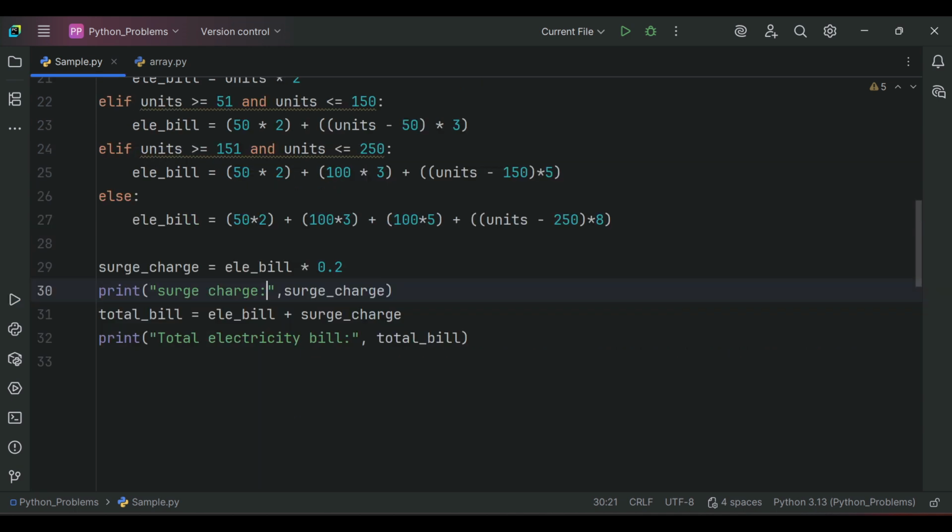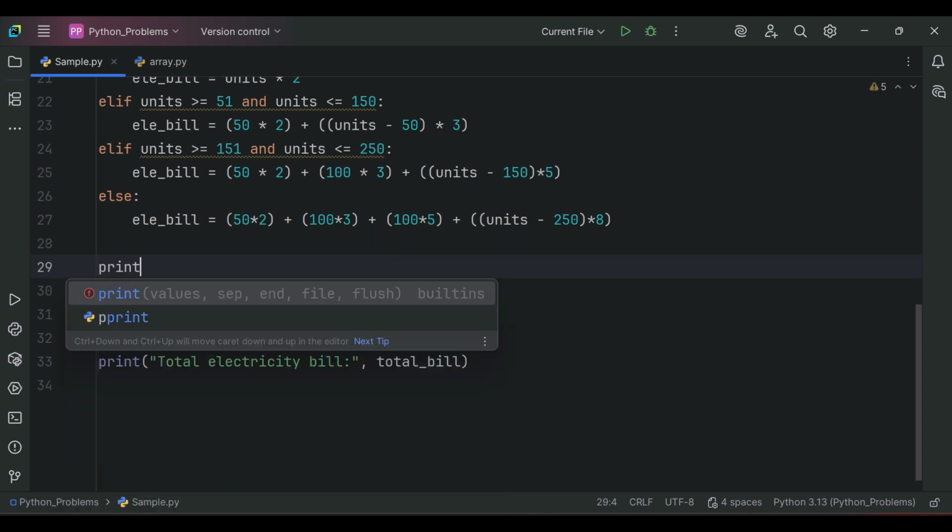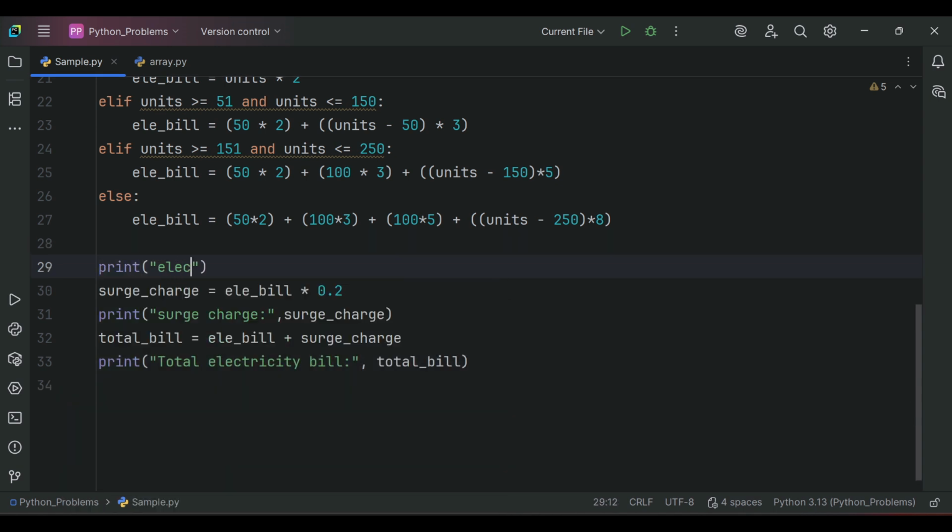I will mention the electricity bill also, so print electricity bill.